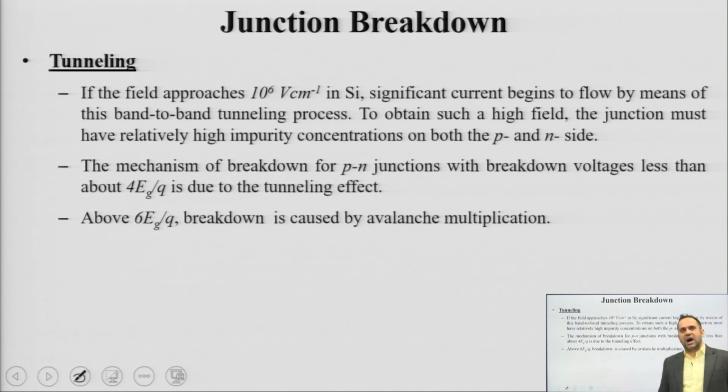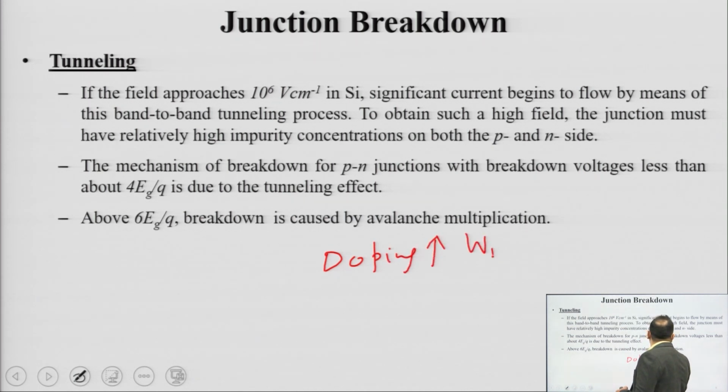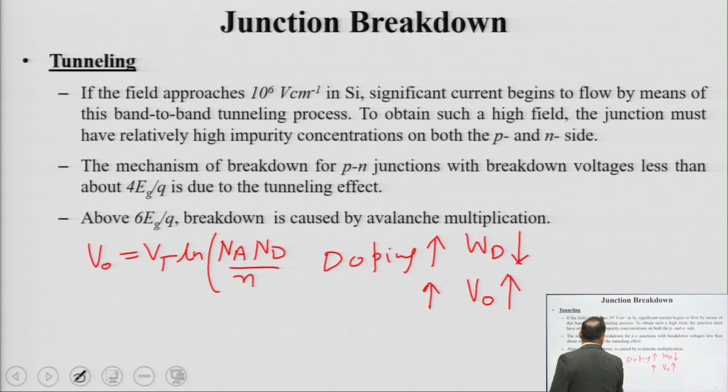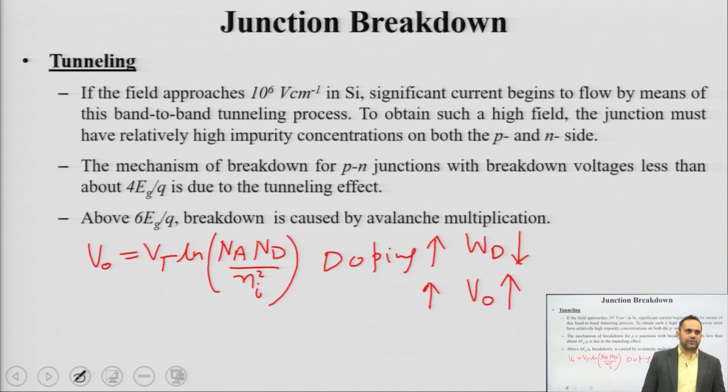To obtain such a high electric field, okay, now I have said that when doping increases, this WD reduces. Okay. And when doping increases, another thing increases, which is built-in potential. Why? Your built-in potential is equal to thermal voltage times natural log of Na Nd by Ni square. When Na Nd increases, V naught increases.